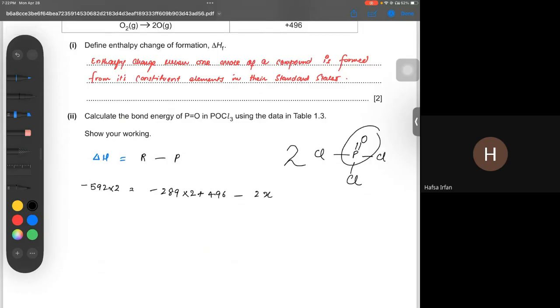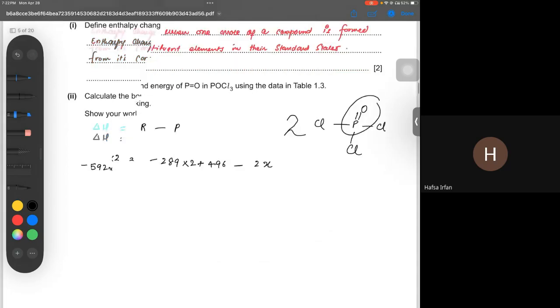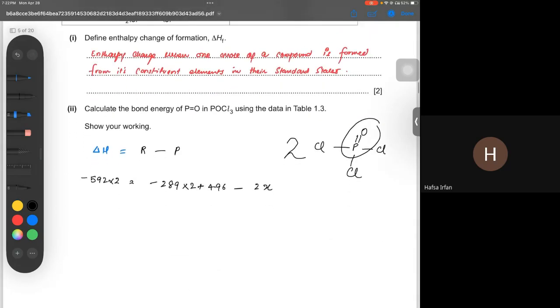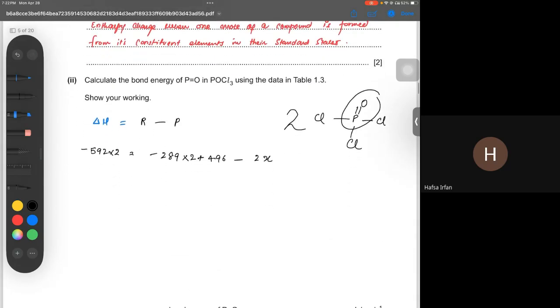X is this one; we have to find out the PO bond energy. It's very simple, and this is of like 2 marks. So what's the answer?